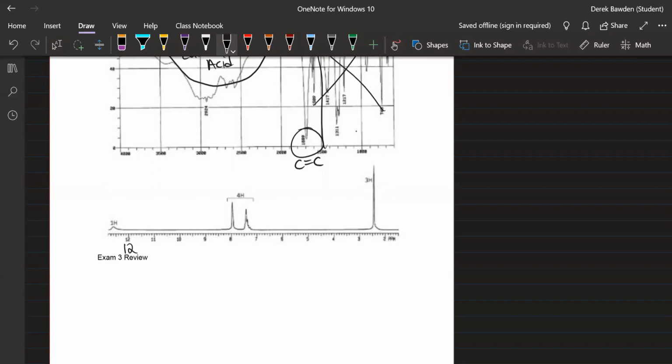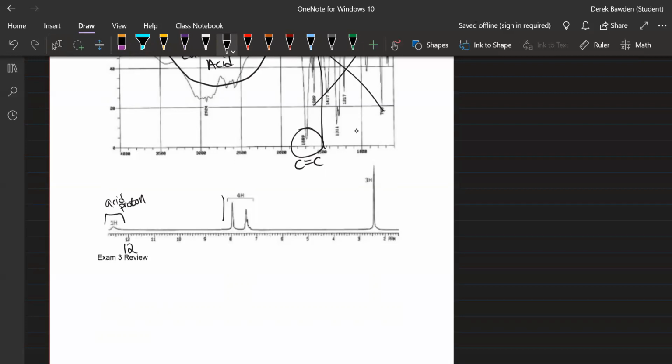It's a tricky one, I know. It's actually our carboxylic acid proton, okay? So the only type of proton that's deshielded beyond like a 10 is our carboxylic acid proton, okay? So we know this is our acid proton.